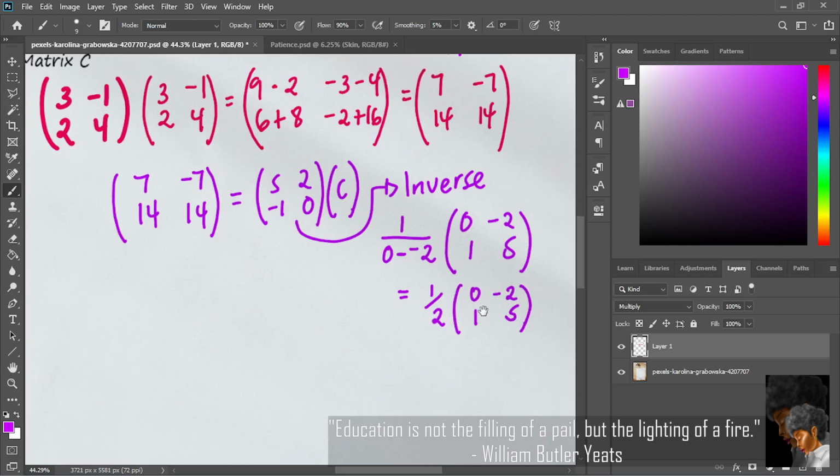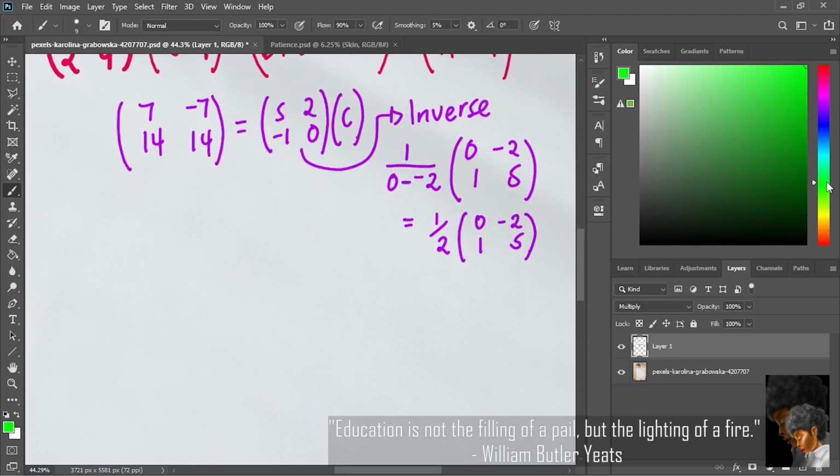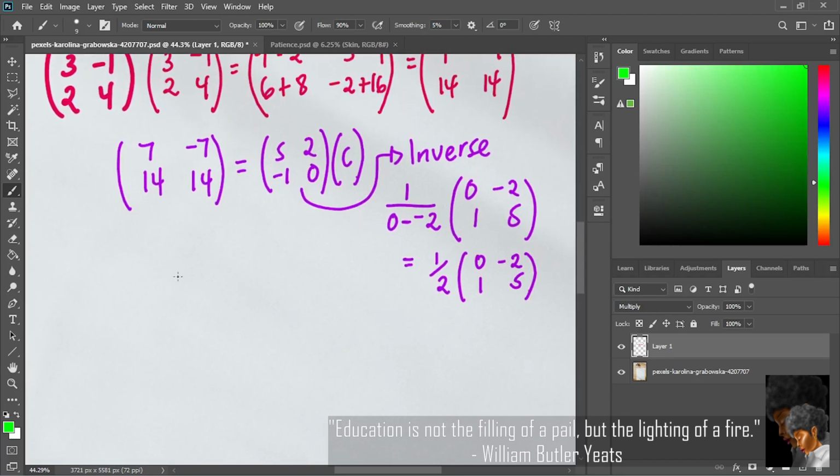Then this particular matrix we pre-multiply on both sides. Actually, it won't be that way.